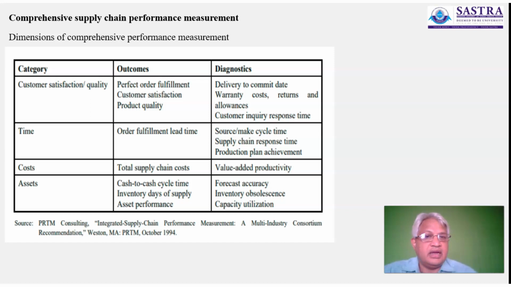In the same way, value added productivity, which is basically labor related productivity, leads to an outcome of total supply chain cost for the metric cost. And the final part is the metric assets. We'll again look at the outcome and diagnostics: cash to cash cycle time, which is explained in the next slide, followed by inventory days and asset performance.